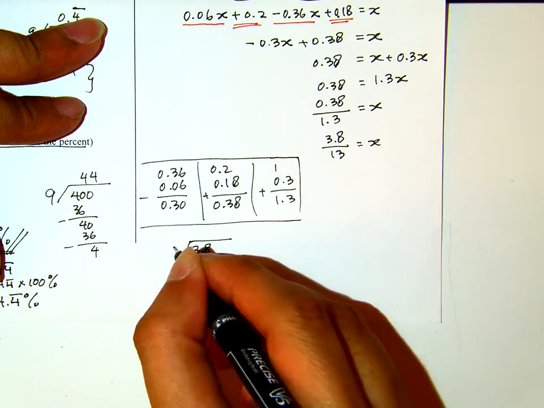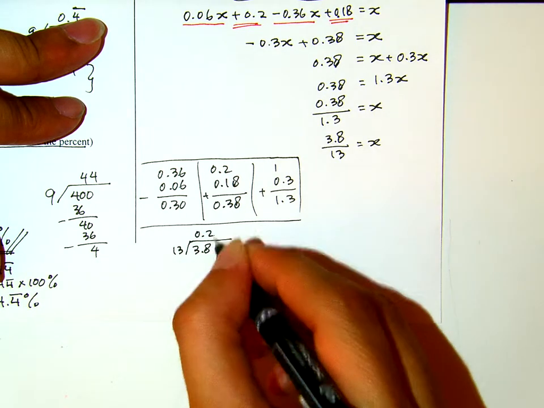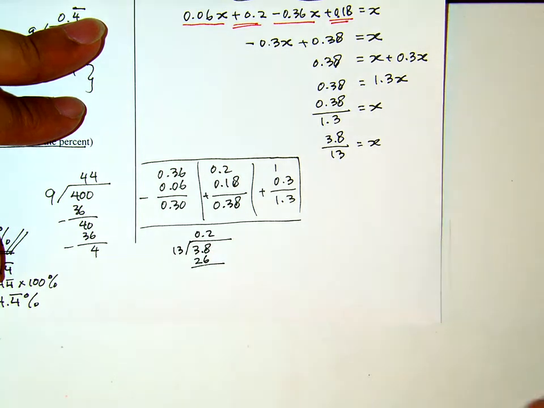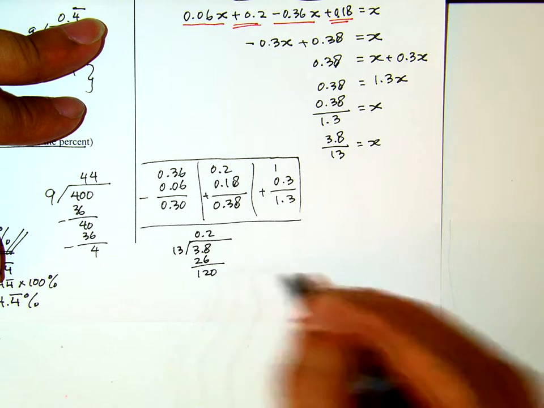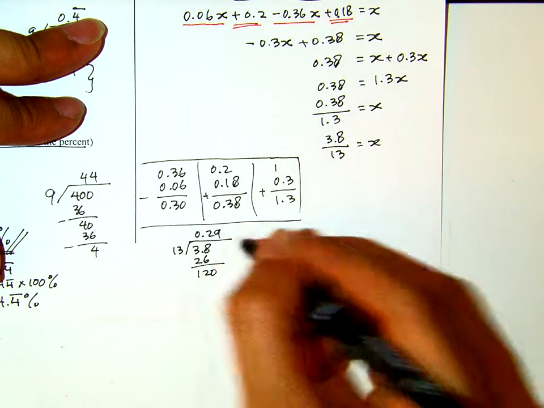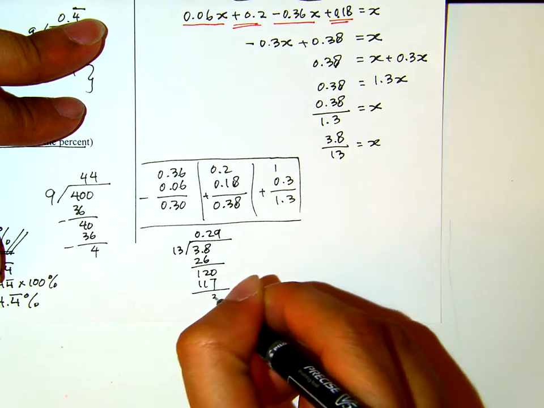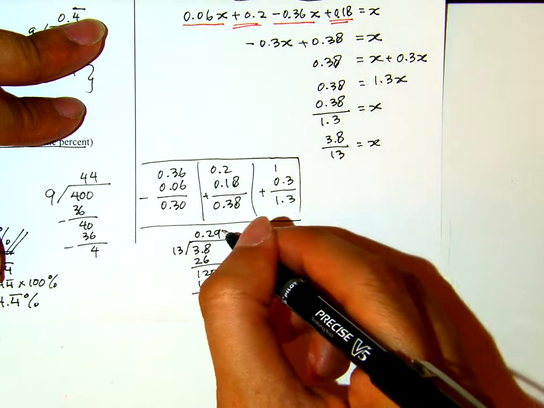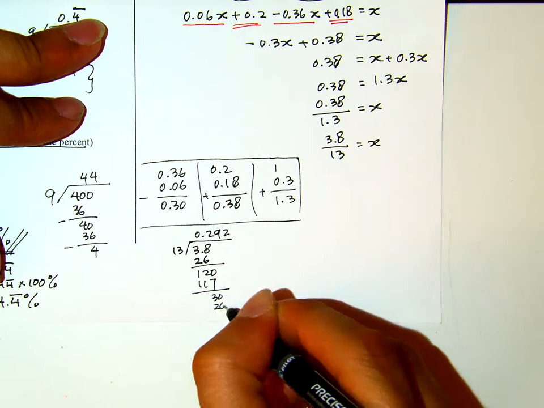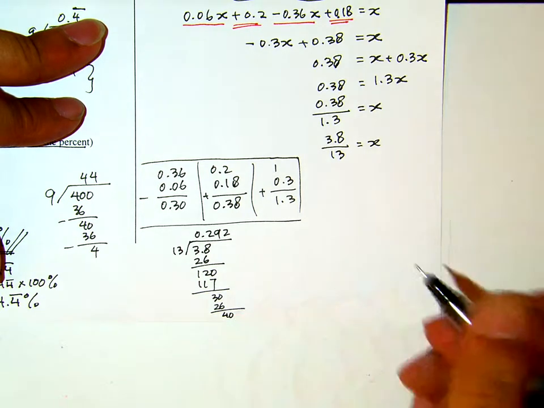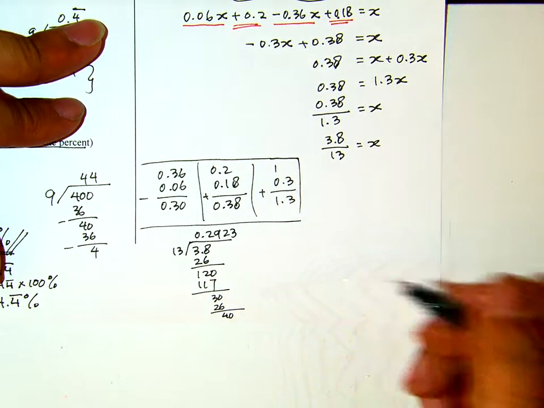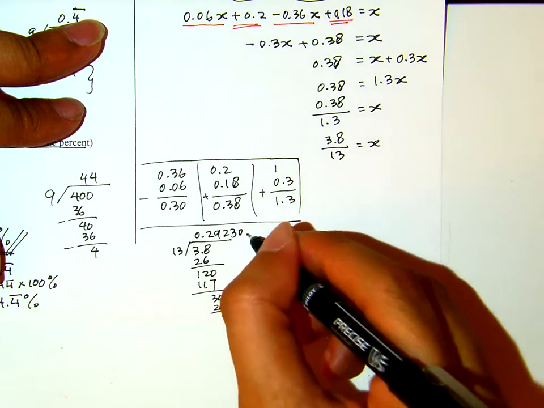3.8 divided by 13, that's 0.2 for 26, and then 120, there will be 9, I believe, for 117, and then 30 here, that's 2 again, that's 26, and 40, I believe that's 3 for 39, 0, dot dot dot.